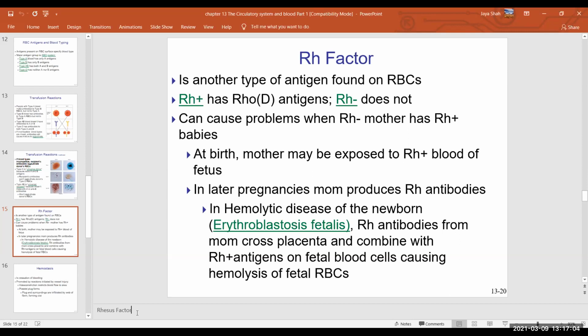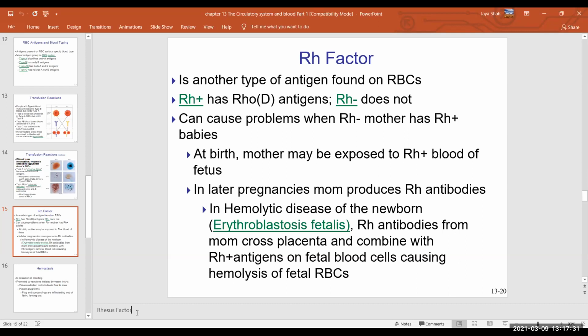If there is no mixing, that means during the birth, the baby will come out healthy without any effect. That's why, even with an Rh negative female and an Rh positive baby, or an Rh negative baby, the first pregnancy is safe.